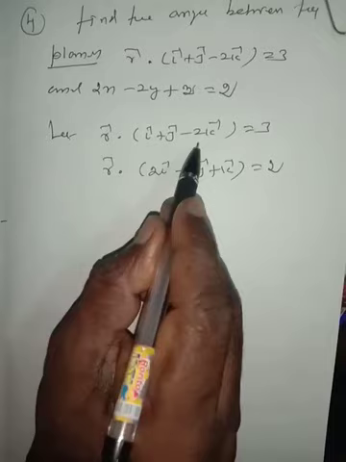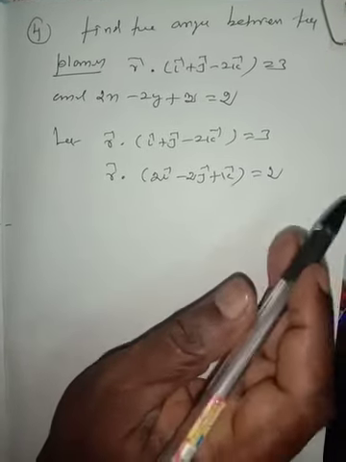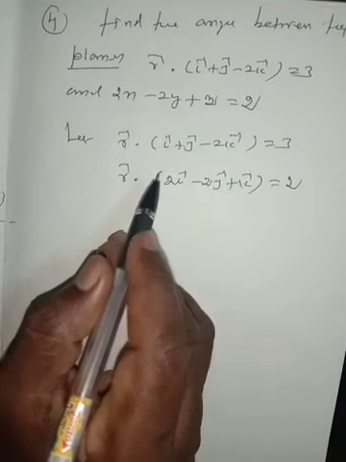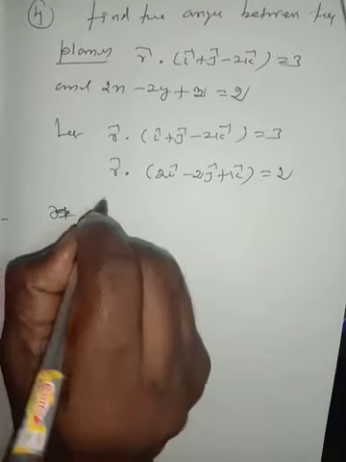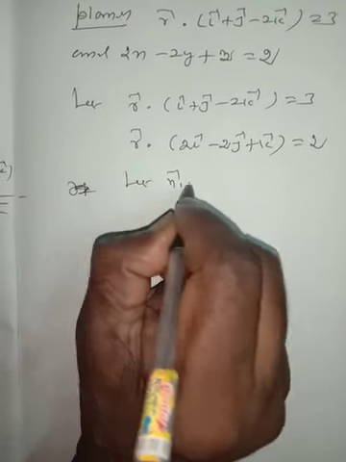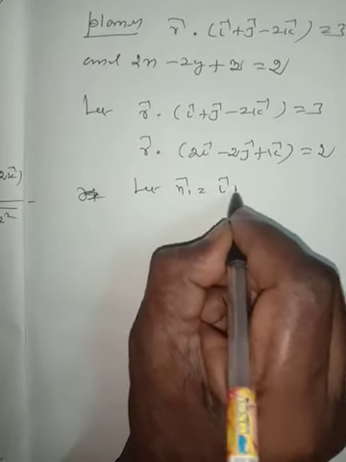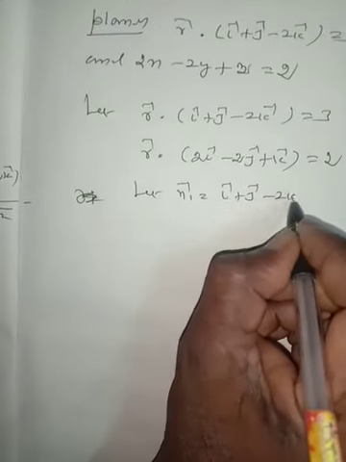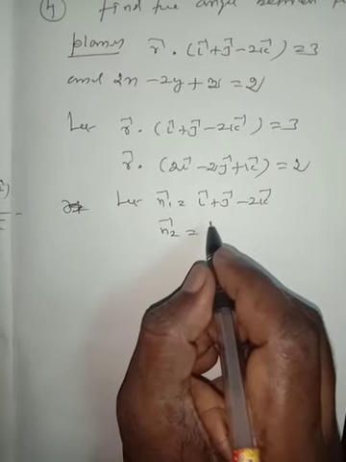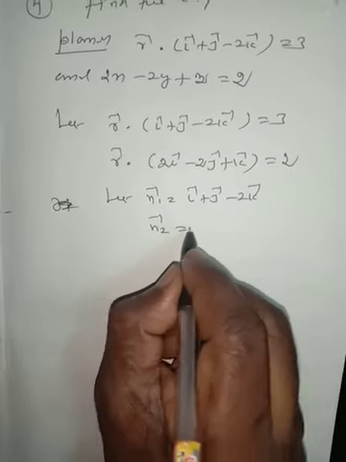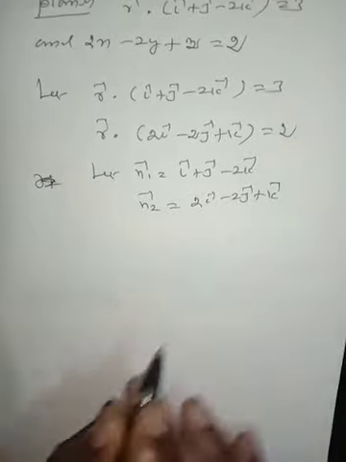Now r vector dot n1 vector is equal to d1 and r vector dot n2 vector is equal to d2. In this case, let n1 vector be the first plane, i vector plus j vector minus 2k vector, and n2 vector be the second plane, 2i vector minus 2j vector plus k vector.